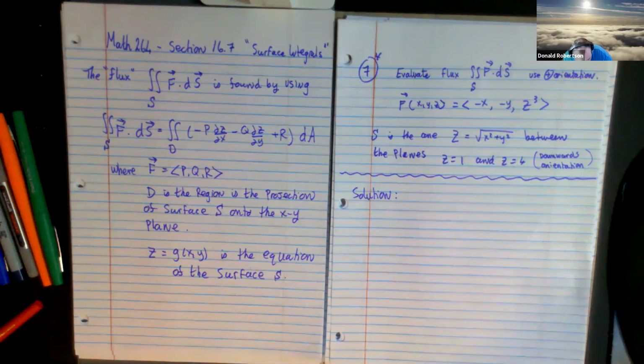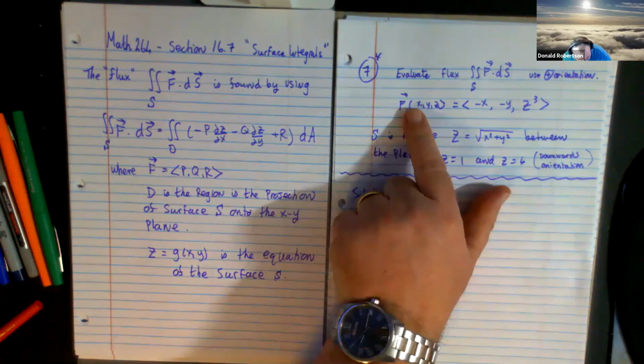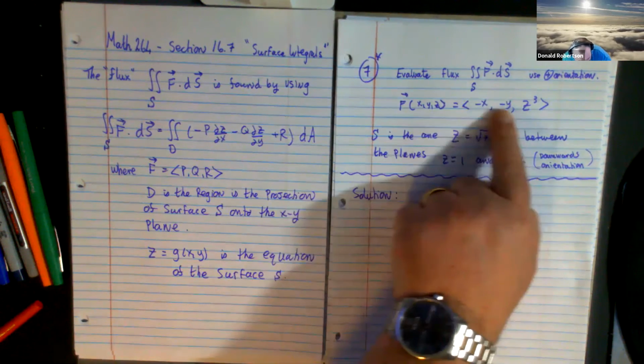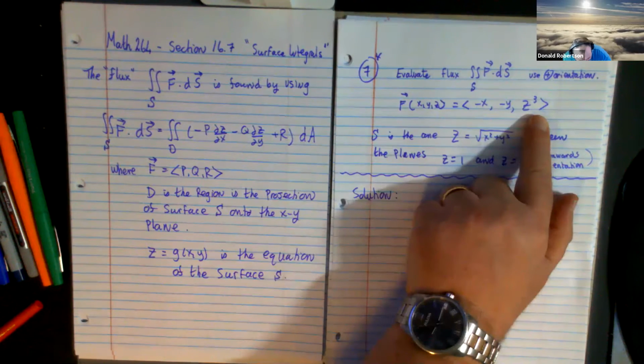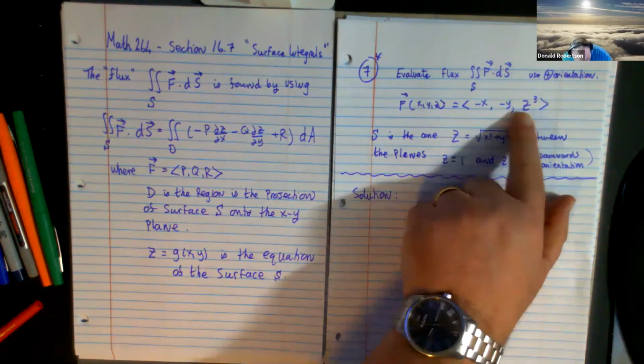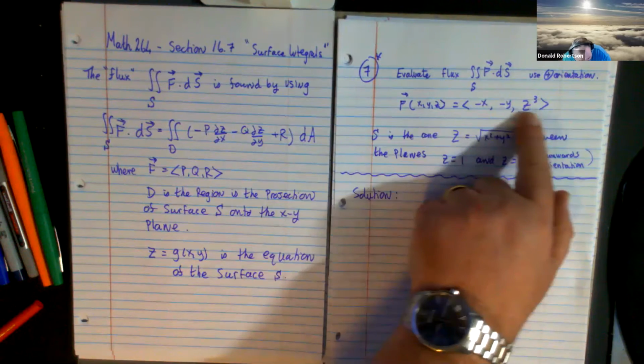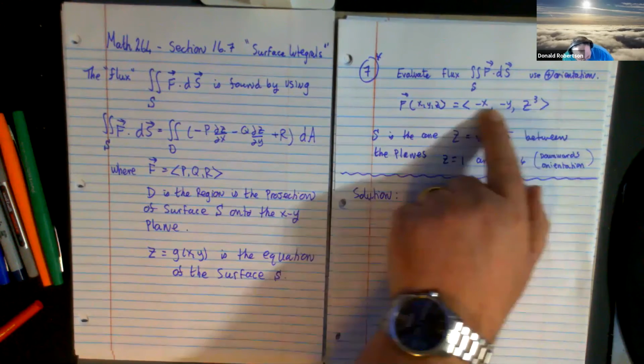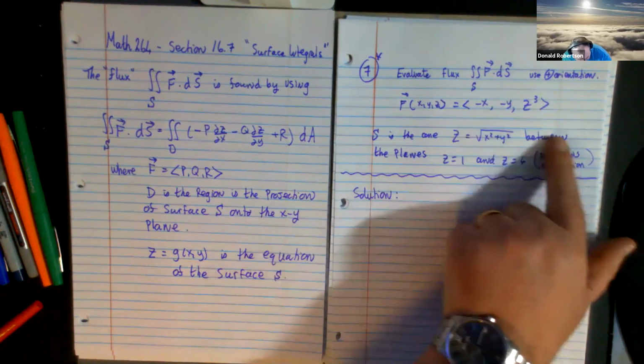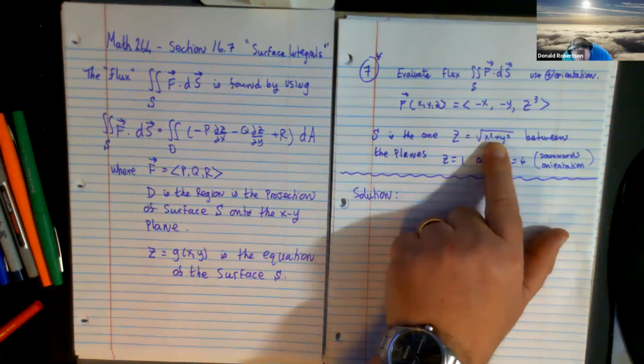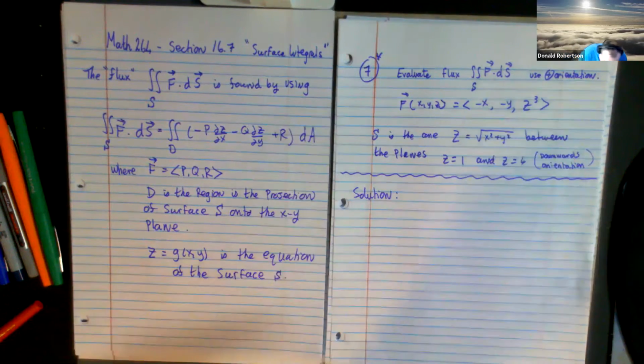So think about that when you have a flux question involving polar. Now in this question here, the vector field has nothing particularly circular about it. But when you look at the surface, can you see that there's an x squared plus y squared going on? So there's definitely a lot of surface things going on.